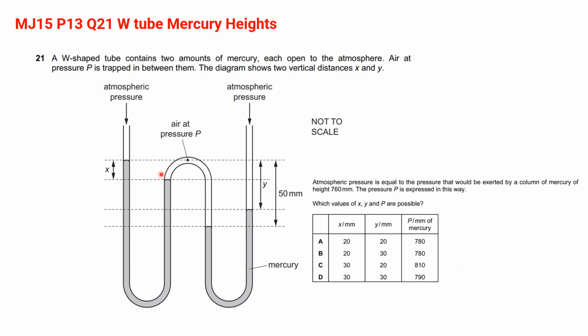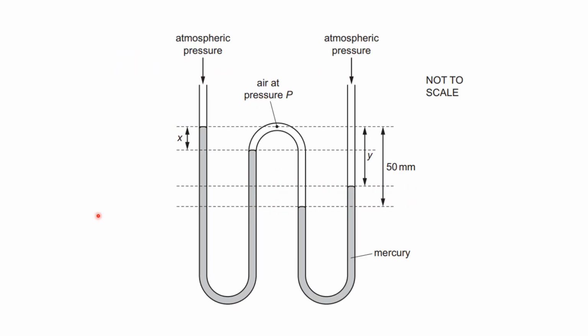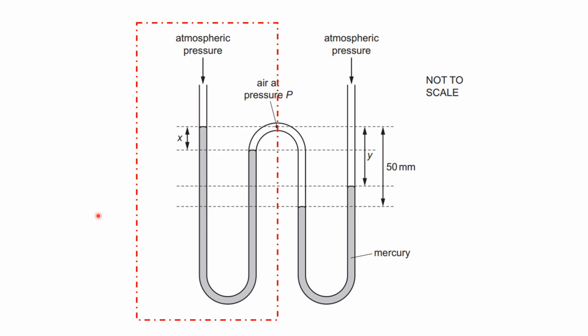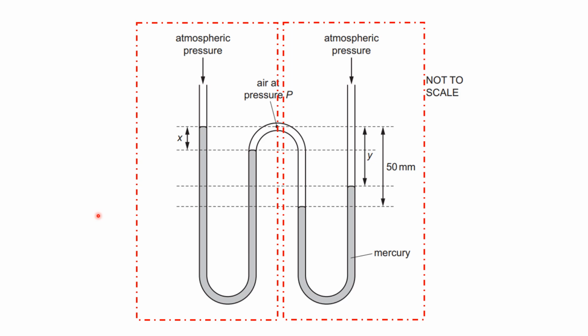Alright, so let's work on this question step by step. First, let's separate both tubes, this and this. And let's consider the air pressure P trapped in between them.